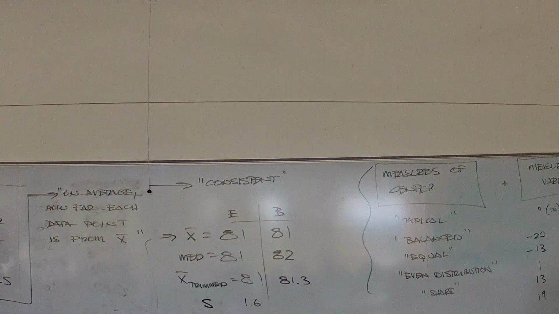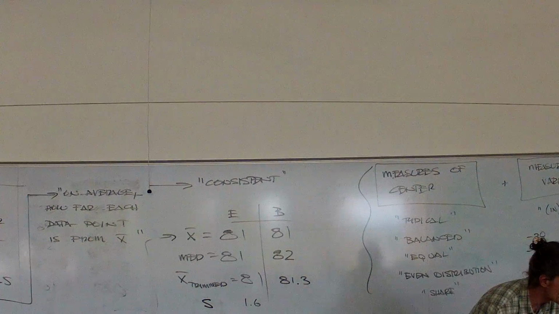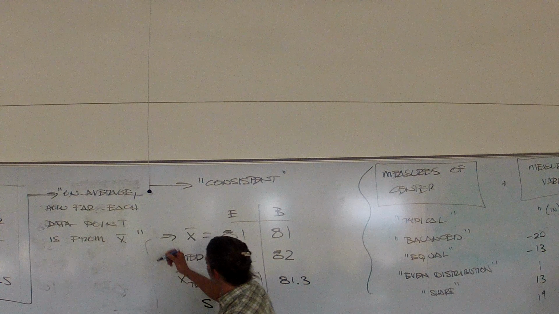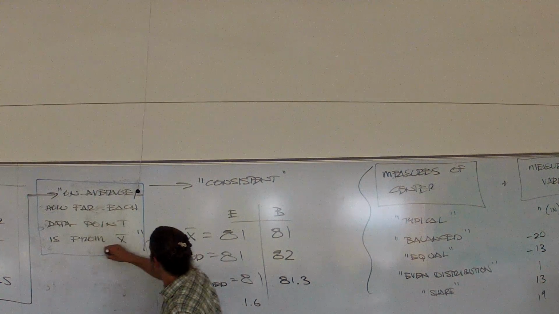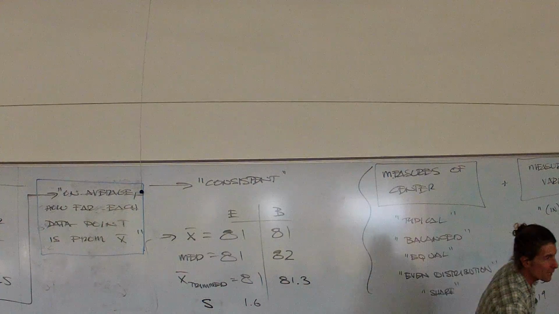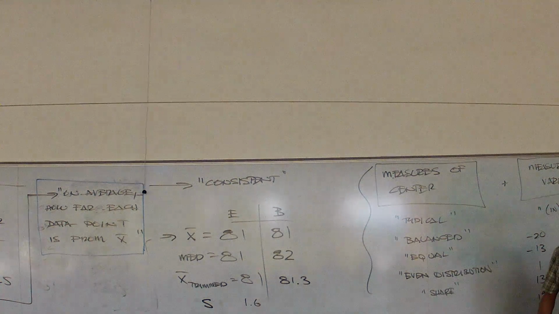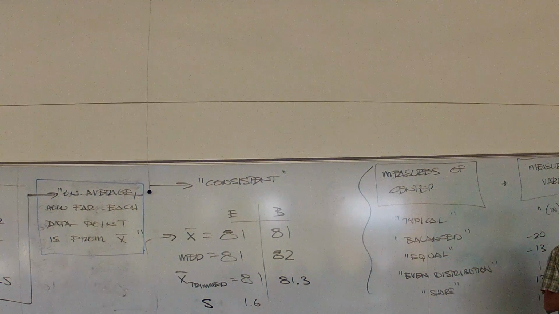That's essentially what the sample standard deviation is measuring. It's on average how far away the data points are from average. It doesn't tell you what direction. It just tells you the distance, how far away they are.